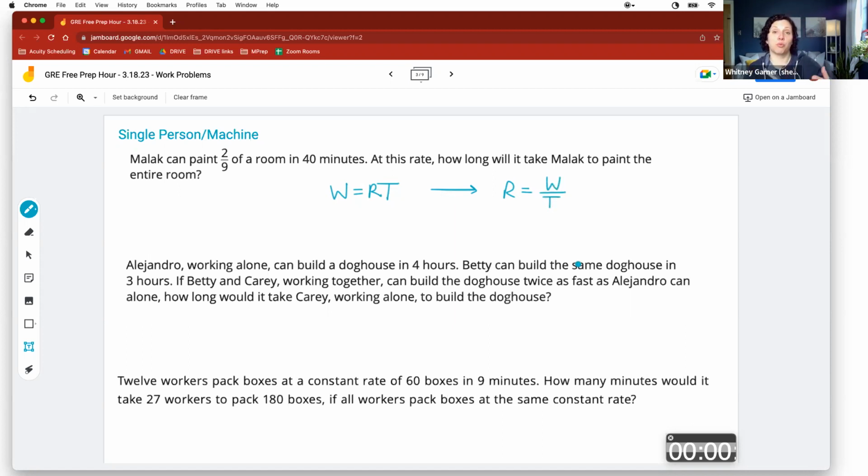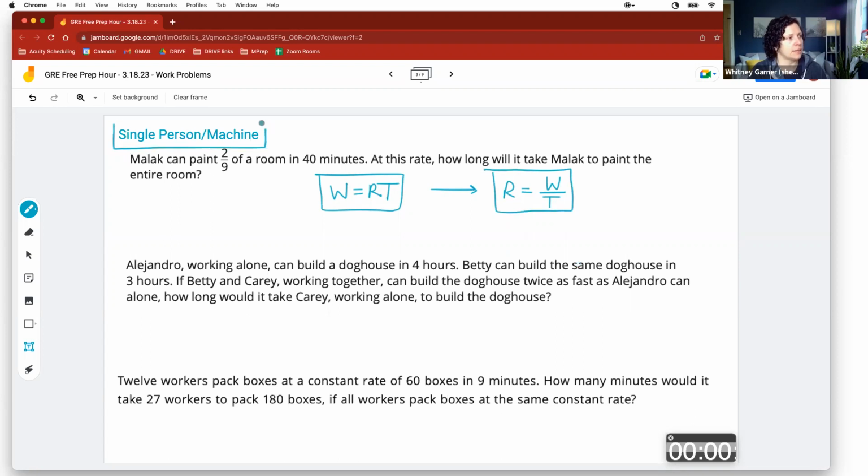So traditionally, a rate is going to be effort over time, in the same way that a speed is distance over time, right? Miles per hour. We don't usually say hours per mile. We go miles per hour, right? Same thing here. We go birdhouses per hour, dog houses per hour, boxes per minute, rooms per hour, right? So these are going to be our primary formulas. This is going to be our primary formula, but you could use either variation that you want for the single person, single machine.